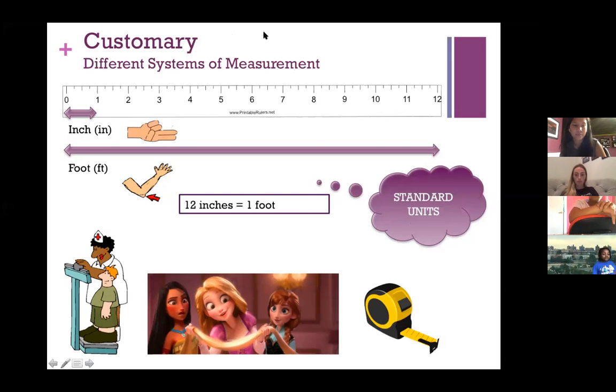One system of measurement we learned about today is... It's right on the screen right here. What does this say?